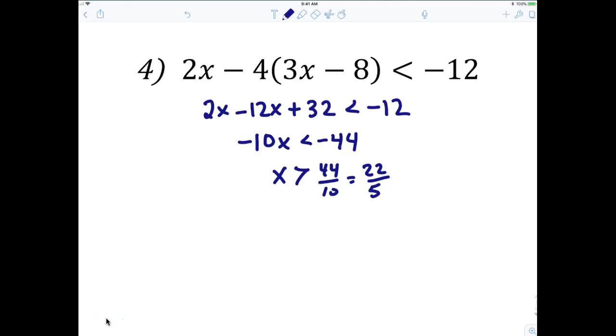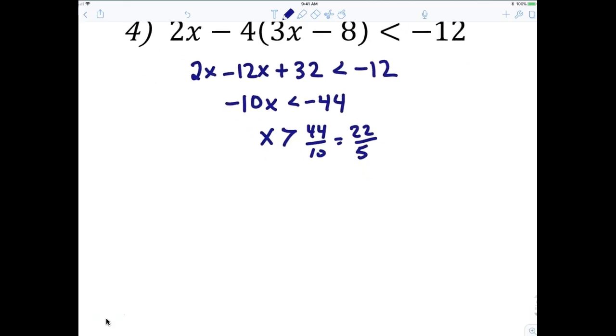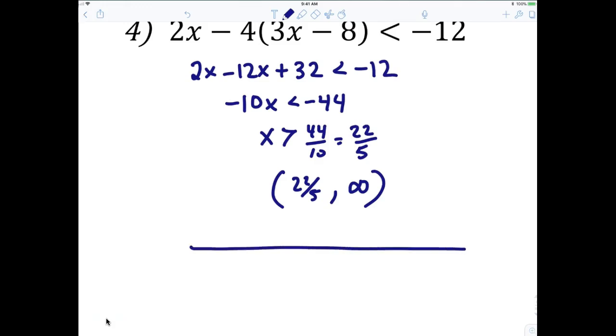Is everybody good? So now, if you're greater than, it would just be. Does that make sense? Well, graphing that, honestly, if you didn't know it was 4.4, you would just say, here's 22 fifths, and here's negative 22/5.